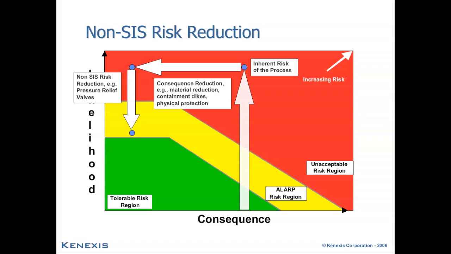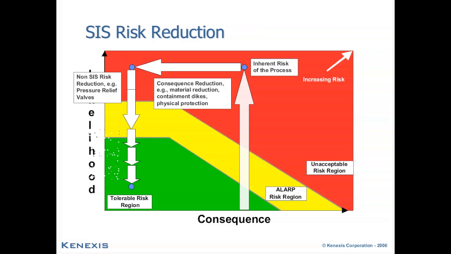After we've taken credit for and considered all the non-safety instrumented system levels of risk reduction, then we look at the SIS risk reduction that's required to achieve a tolerable level of risk and assign the appropriate level of SIL to that safety instrumented function, whether it's a SIL 3, a SIL 2, or in this case, conceptually, as low as a SIL 1 might be required to get to a tolerable level of risk.